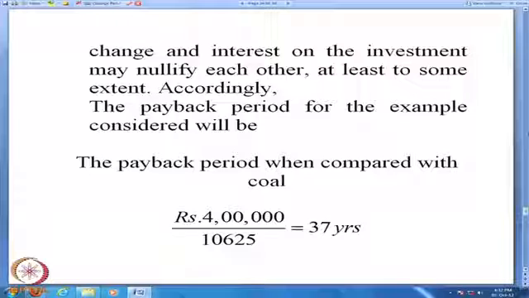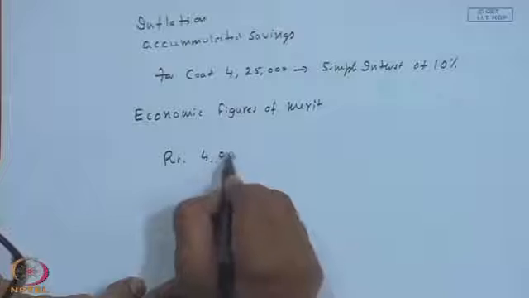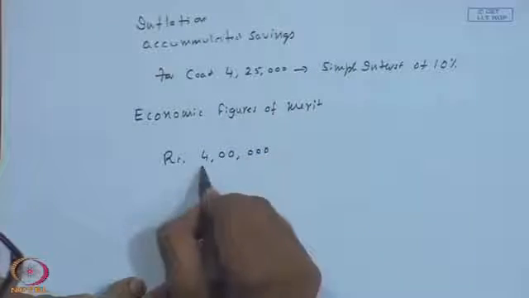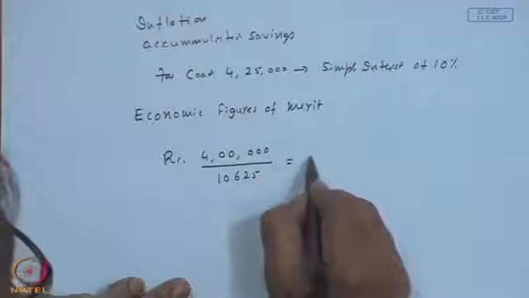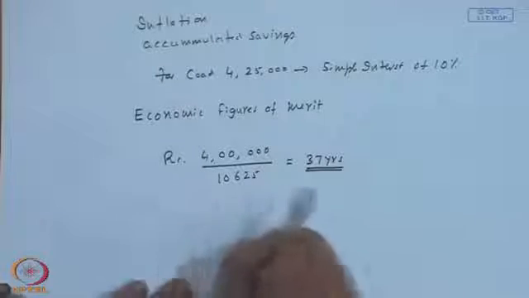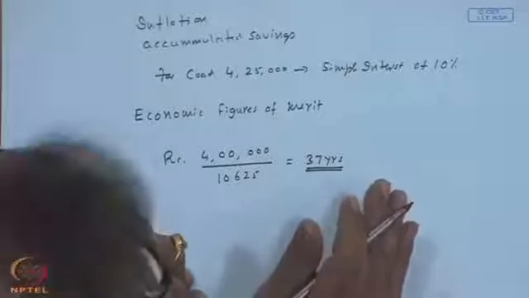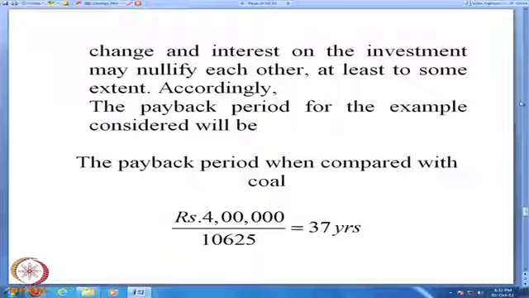Accordingly, the payback period when compared with coal will be Rs 4 lakhs, the system cost, by 10,625, which comes to 37 years, which is more than the expected 20 years of lifetime or whatever we have assumed. These are the orders of magnitude, and if the price is very high, it will come down.